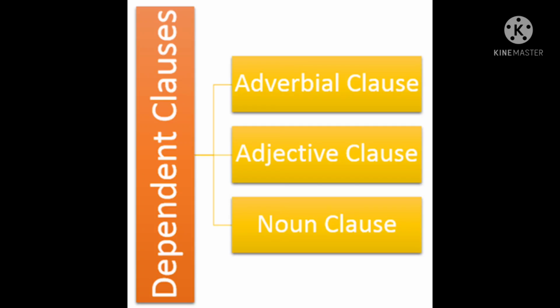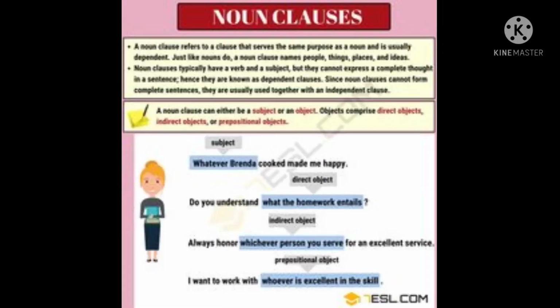Noun clause. A noun clause is a group of words with a verb and a subject which acts as a noun. These clauses often begin with words such as that, what, when, how, who, why, where.